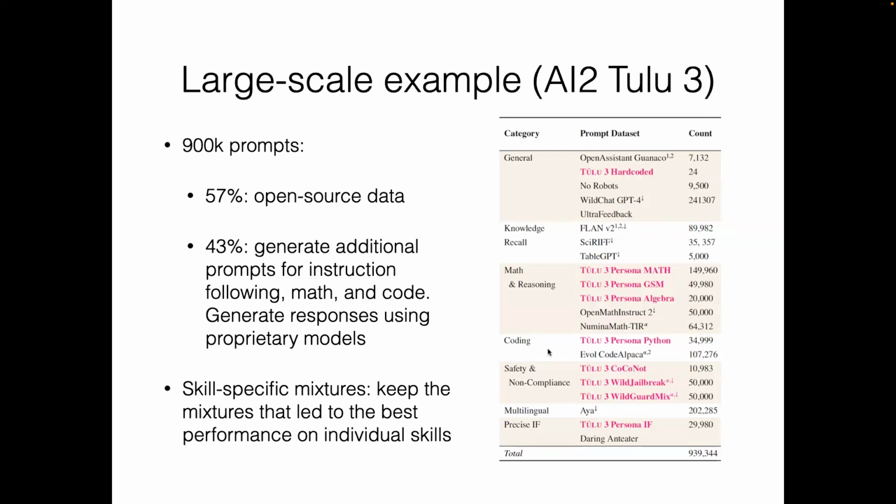It has a variety of categories like general knowledge, math reasoning, coding, safety, multilingual, and things like that. So this is just showing you how this step is really done in these models. A lot of effort goes into it, and you try to build as big of a data set as you can.